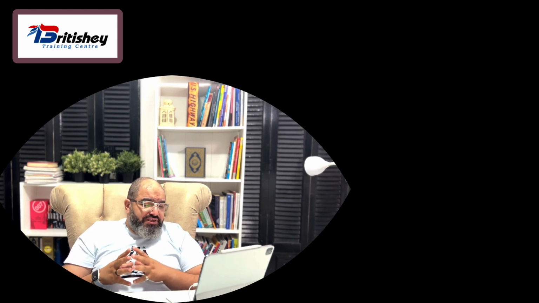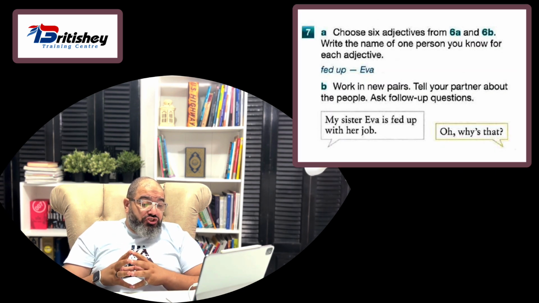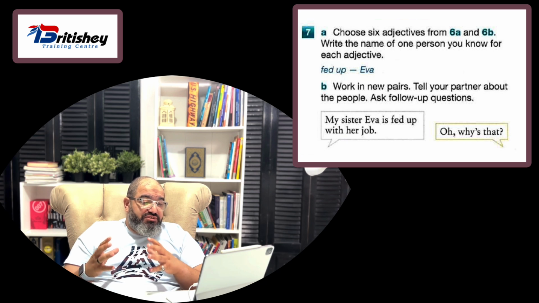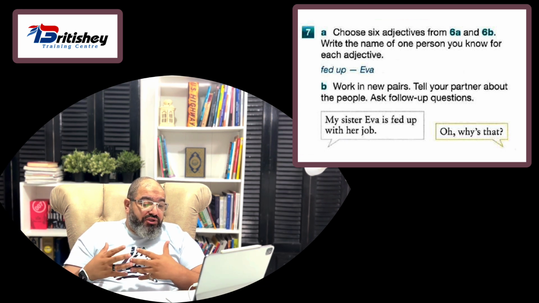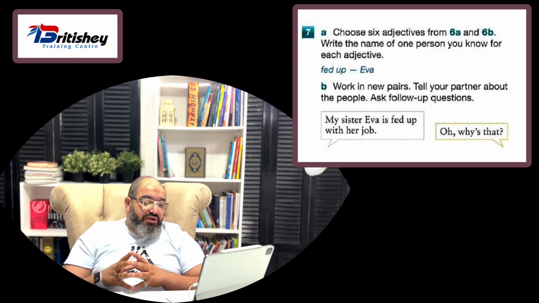Let's go to 7. The coursebook writer in 7 says, choose 6 adjectives from 6A and 6B, write the name of one person you know for each adjective, and then work in new pairs. Tell your partner about the people.